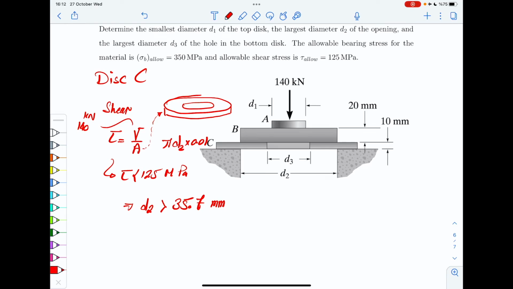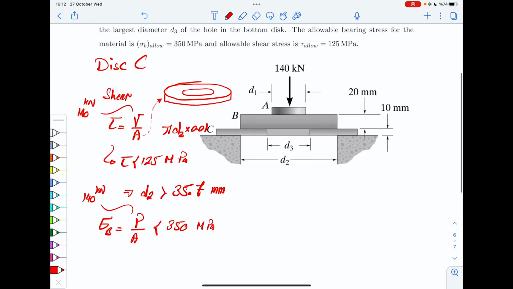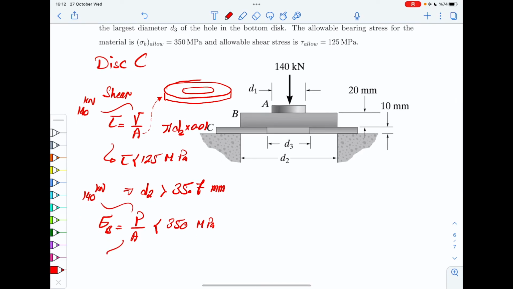So you want to make sure that the bearing stress, which is P divided by area, is also less than the allowable bearing stress, that is 350 megapascal. Now that force P is 140 kilonewton. And that area is, as I mentioned, like a hollow cylinder, so it's pi over 4 times D2 squared minus D3 squared.